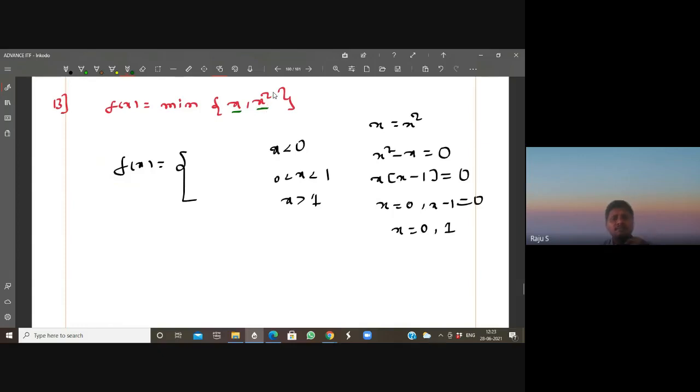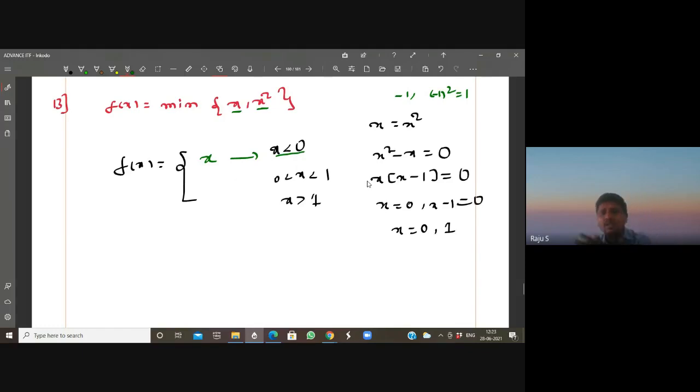Which function will give the minimum value? x. Minus 1 square is plus 1. x square is always positive, and x is negative, so the minimum value is x only, if x is lesser than 0.